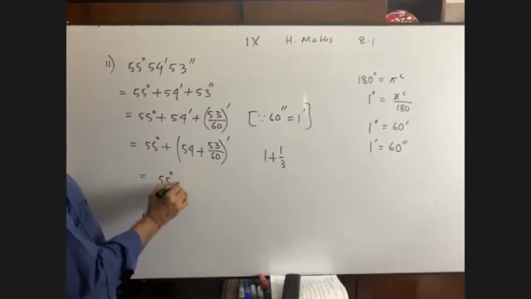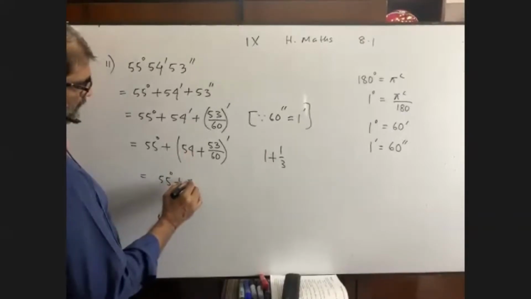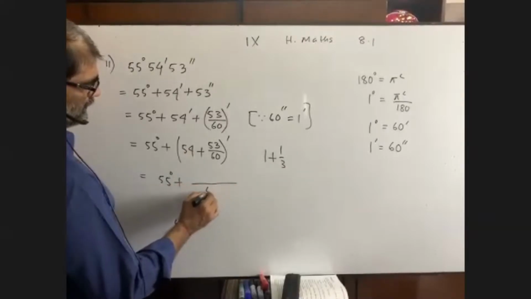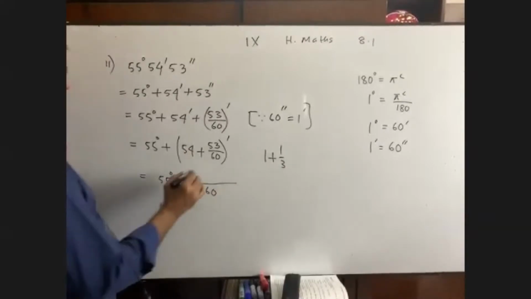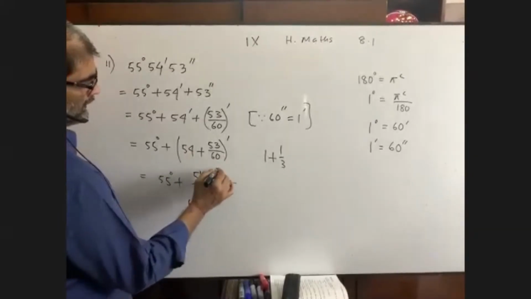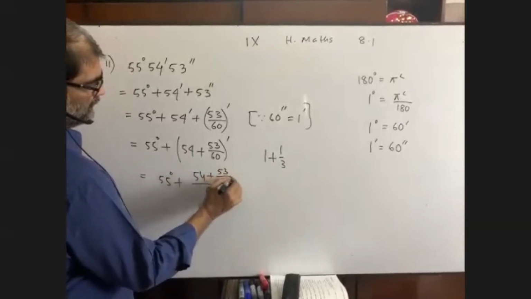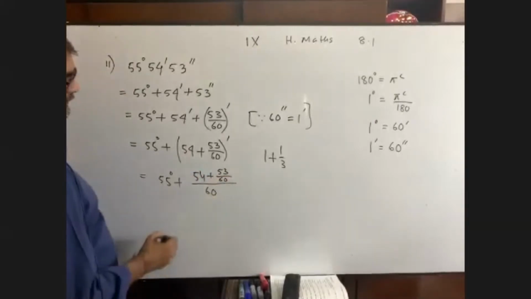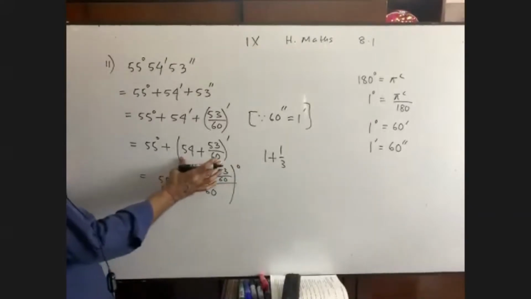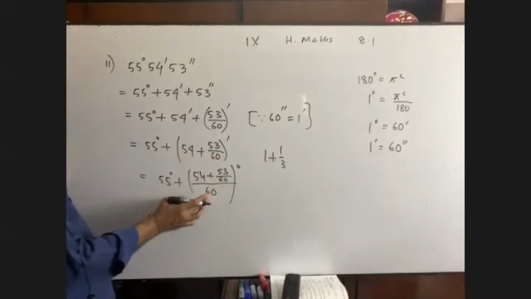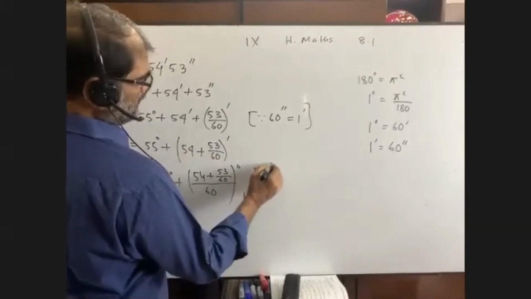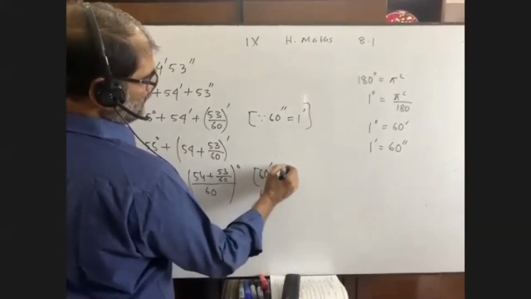55 degree plus, you see here, we can write, this is 60, okay? And it is 54 plus, we can write here 53 by 60. I am not going to do any calculation. It is degree. What is there has been divided by 60. That is, we can write here 60 minute equals to 1 degree.